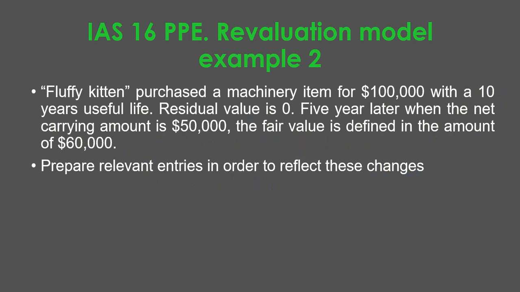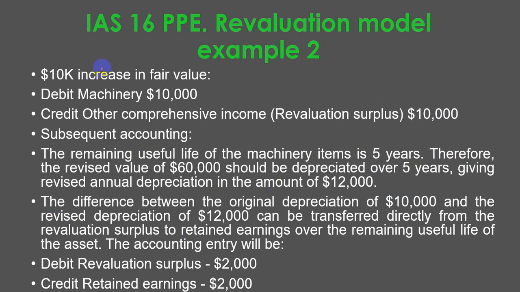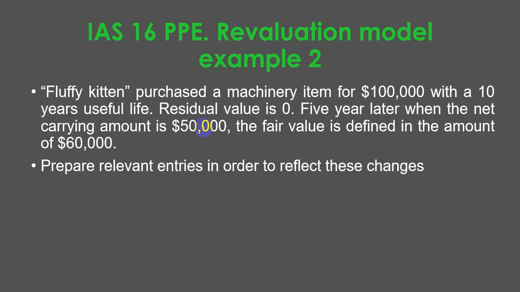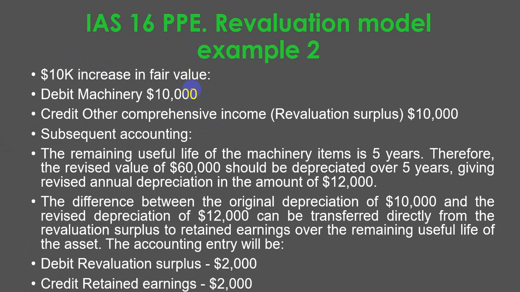So, as you can see, there is a $10,000 increase in fair value. So, we have a 50,000 carrying value and fair value of 60,000, which gives us a 10,000 increase. So we debit our machinery by 10,000 and credit other comprehensive income, revaluation surplus, by 10,000.